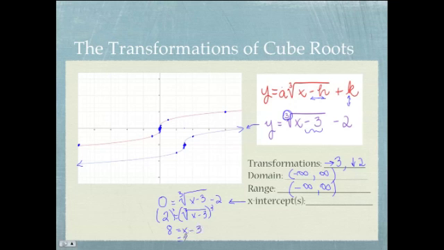So x would equal 11. So I know my x-intercept is (11, 0). And that makes sense because 11 minus 3 is 8. The cube root of 8 is 2. 2 minus 2 is 0.